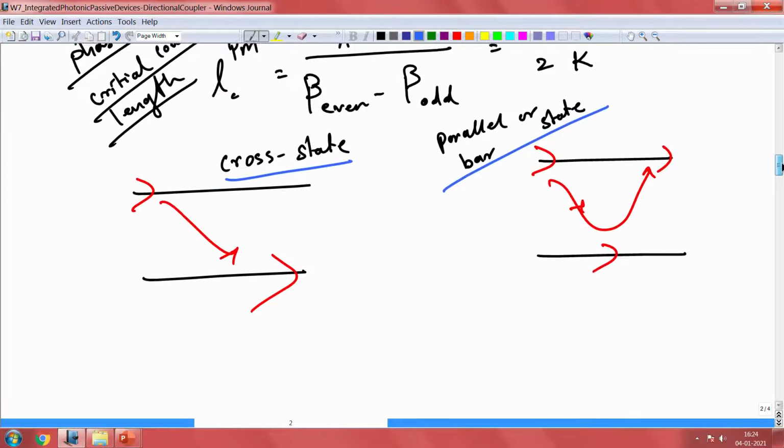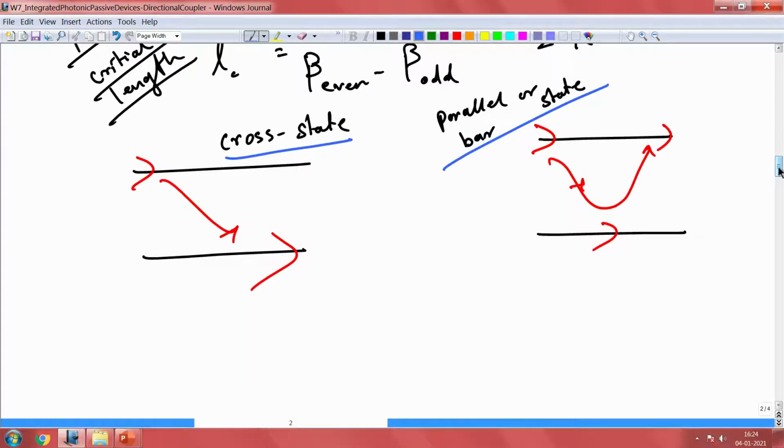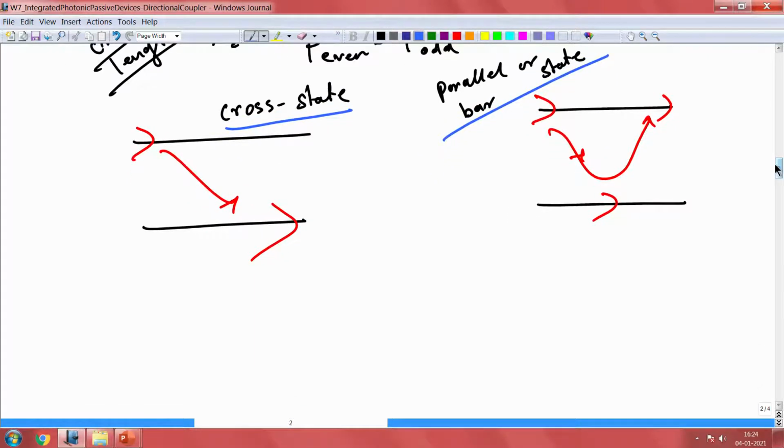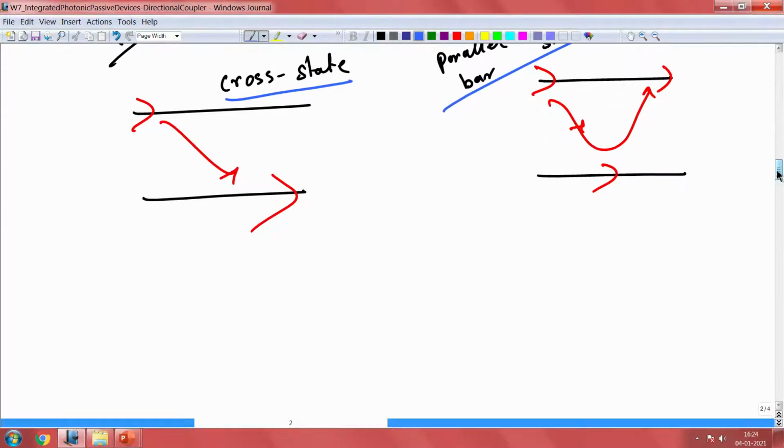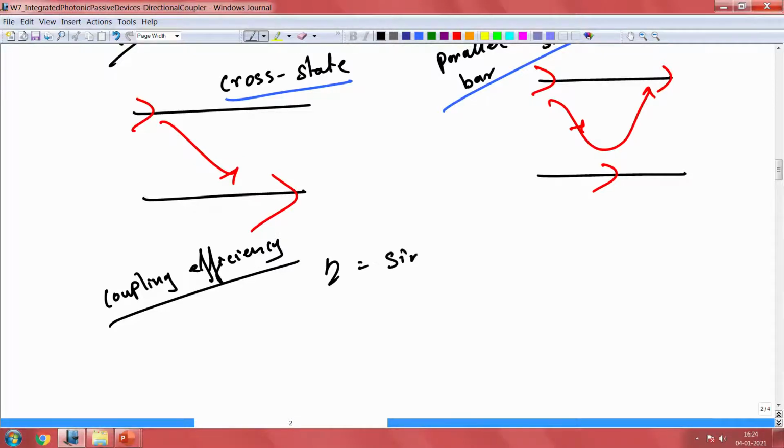We just saw it, but what is the coupling efficiency we can get out of this? The coupling efficiency is given from our earlier definition from the coupled mode theory. Your coupling efficiency eta is given as sine squared of the magnitude of kappa times L. So, this is our coupling efficiency.